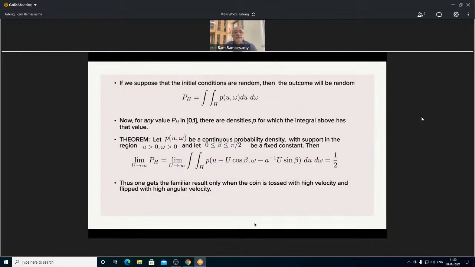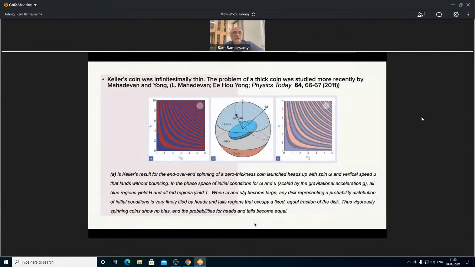Now, this theory was redone by Madhavan and Young in 2011, taking not an infinitely thin coin, but a coin with a certain thickness. And the analysis is very, very similar. This is just a little more sophisticated.